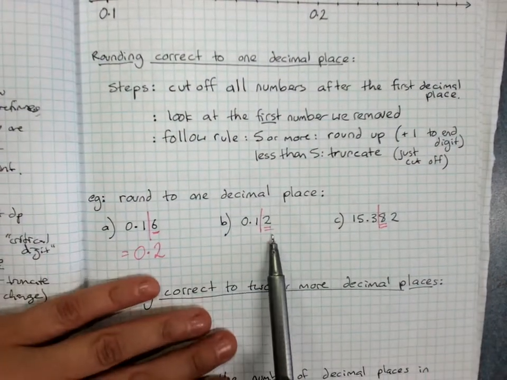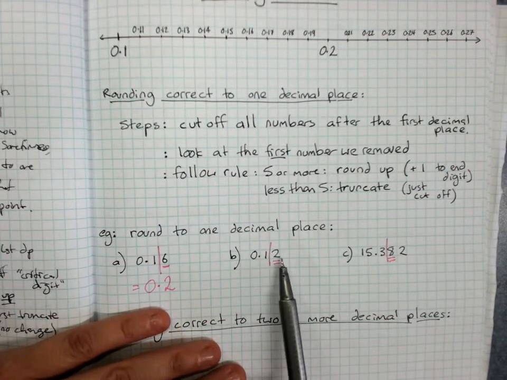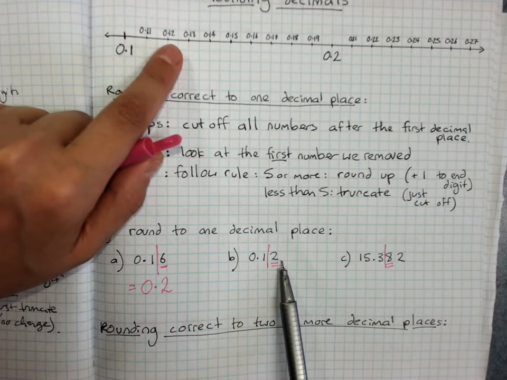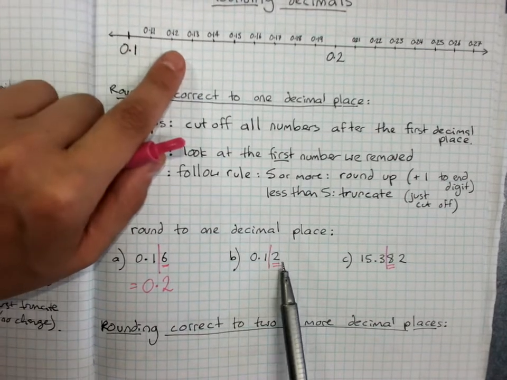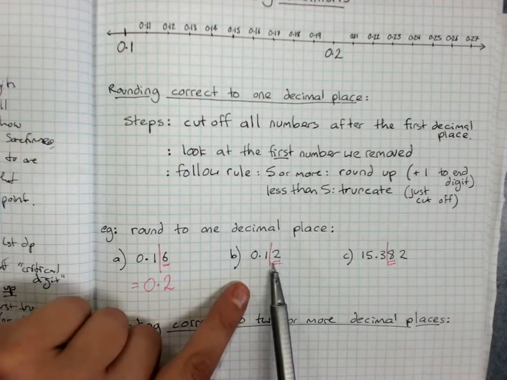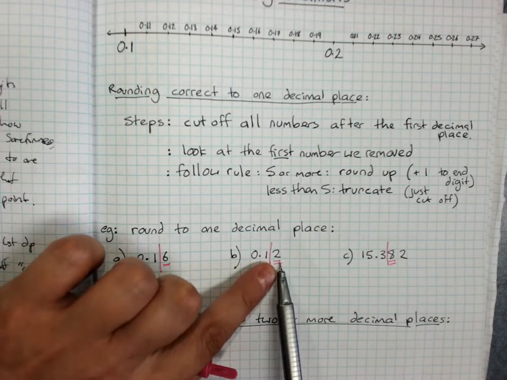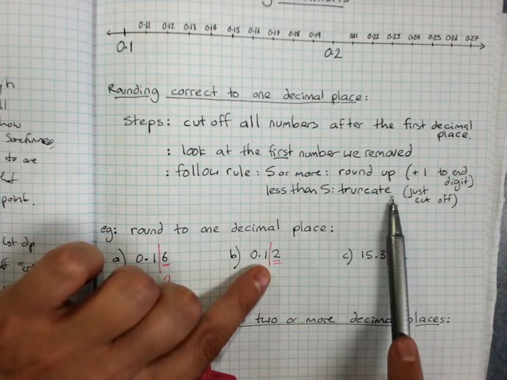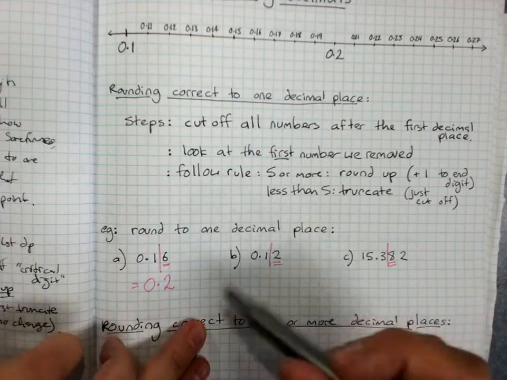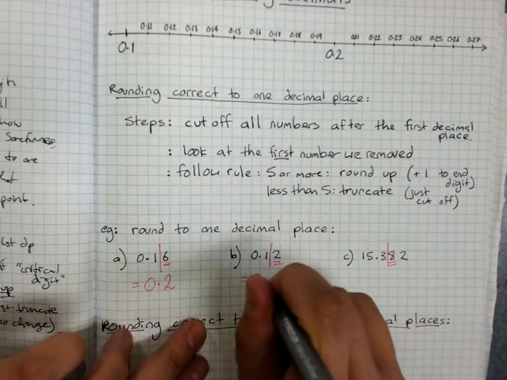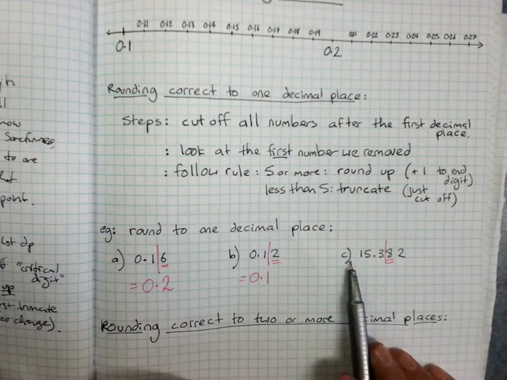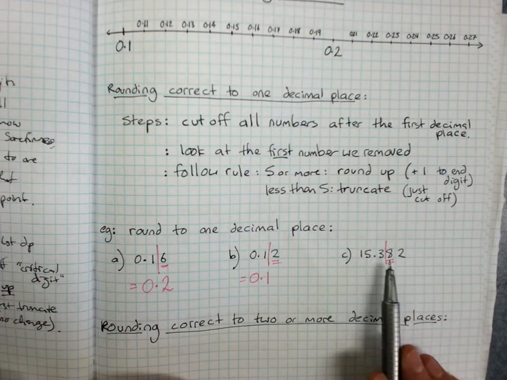Have a look at another one on the number line, 0.12. It's here. It's really close to 0.1. Obviously, that's where we should go. We look at the first digit that we cut off. It's less than 5, so we just truncate. We just cut this off, and we say that's 0.1. Another example, we had 15.382.